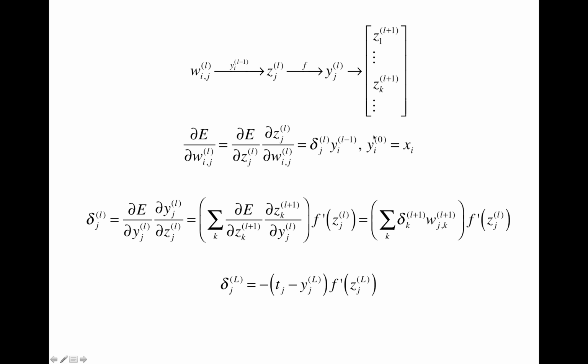Then we have explicit numbers for the y's. When we do the forward calculation, that goes from the input, the bottommost layer, to the topmost layer, all the values for the y's are computed.